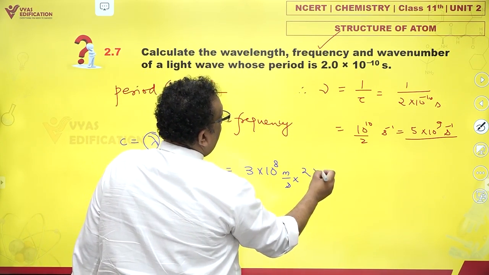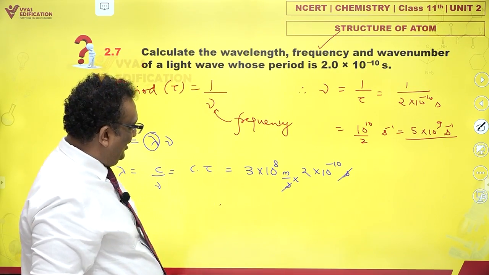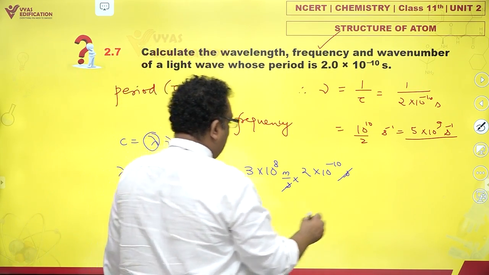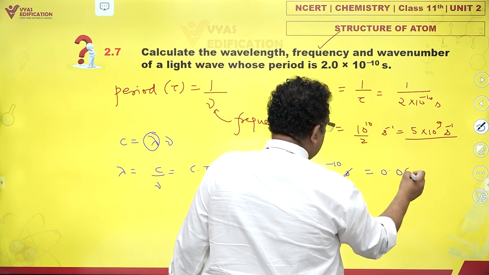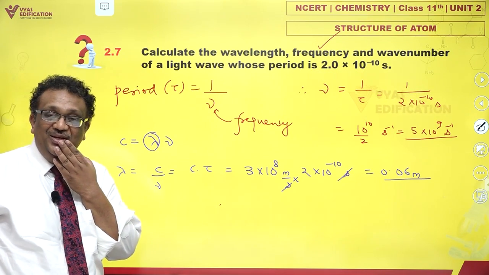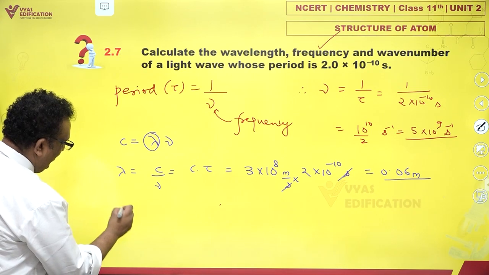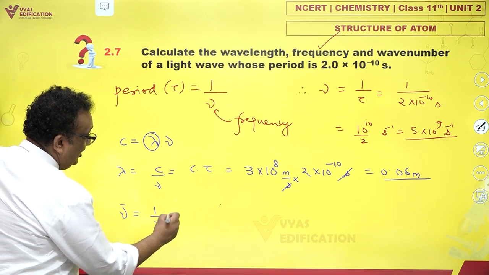It is 2 into 10 raised to minus 10 seconds. Cut this short. This comes out to be 0.06 meters. And what about wave number? Nu bar is 1 by lambda.